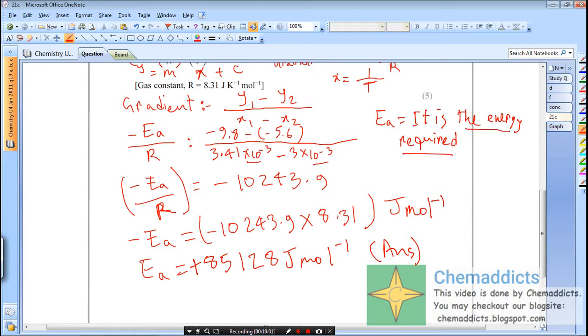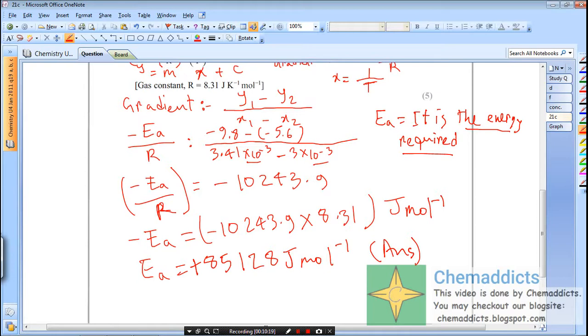According to the definition, this value should satisfy that it is the energy required, so the value should be positive.